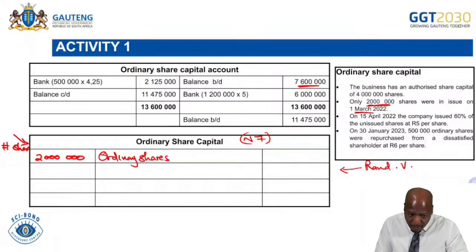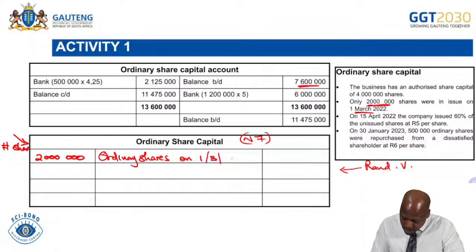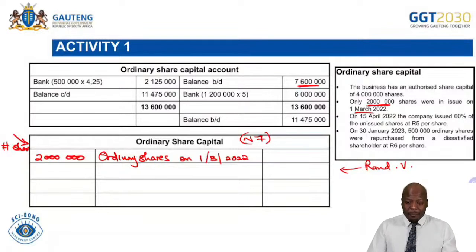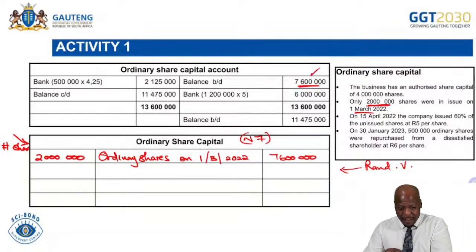That is on the 1st of March, the year 2022. At times you see others will just say shares at the beginning. It's not much of a problem. So we have our 2 million as of the beginning, and the rand value is your 7,600,000. Okay, so are you ready? We have our number of shares and we have the rand value as well.